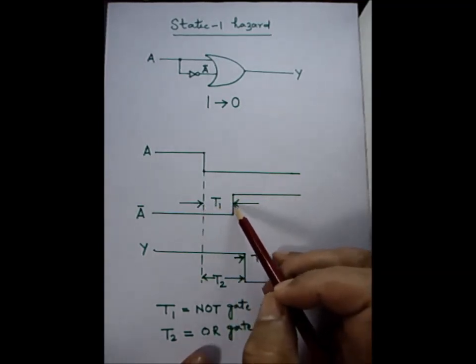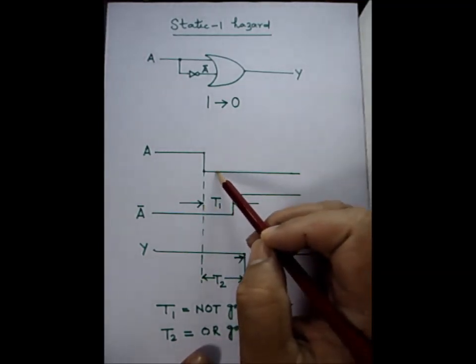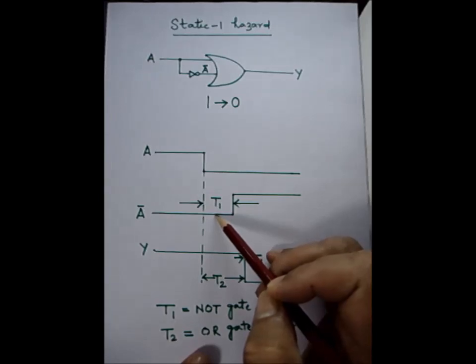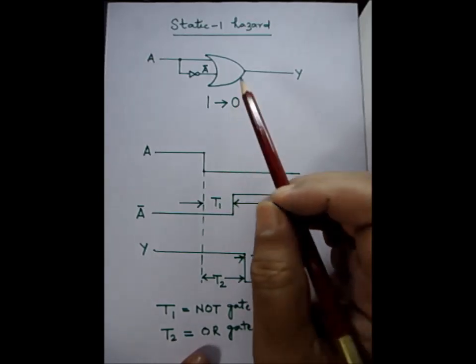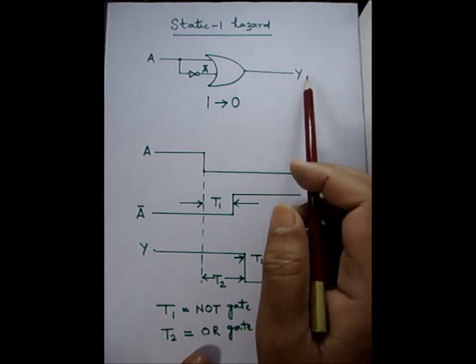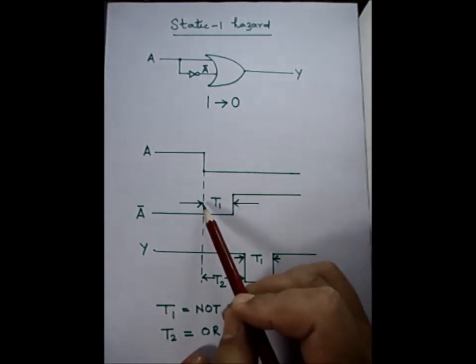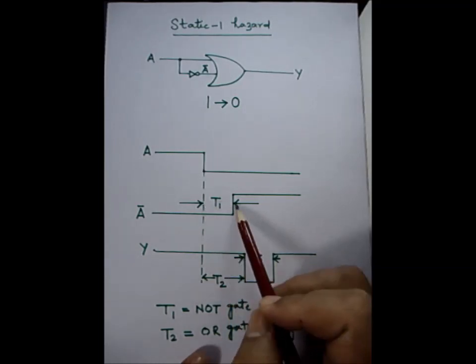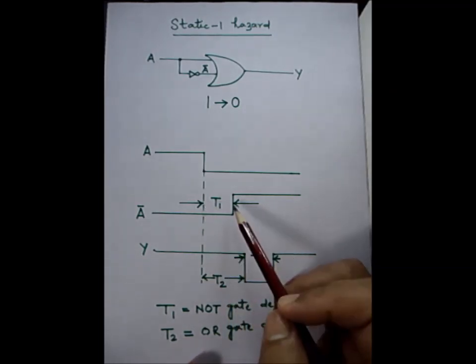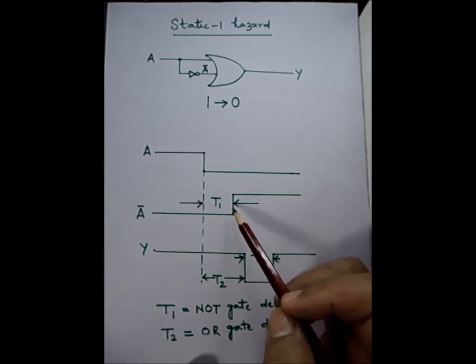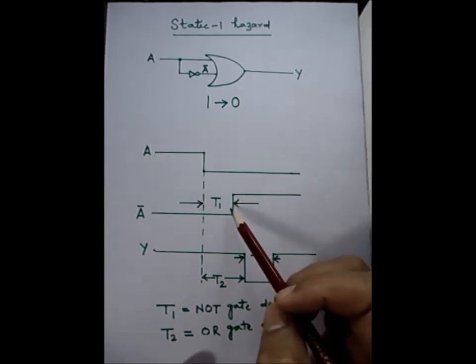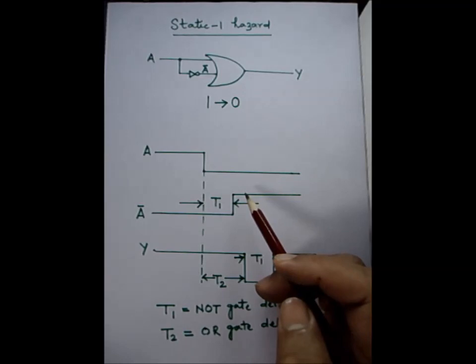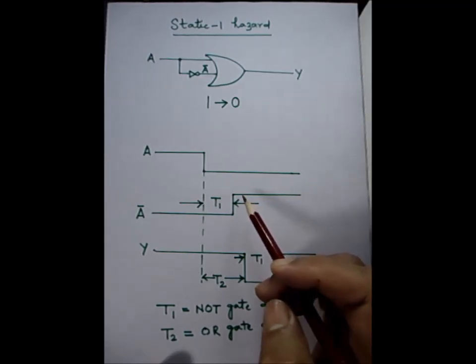During this period T1, both A and the complement of A remain 0, and as a result the output Y becomes 0 during this period of time T1. That is not desirable in some circuits, for example sequential circuits, mainly the asynchronous type. This type of thing is undesirable.